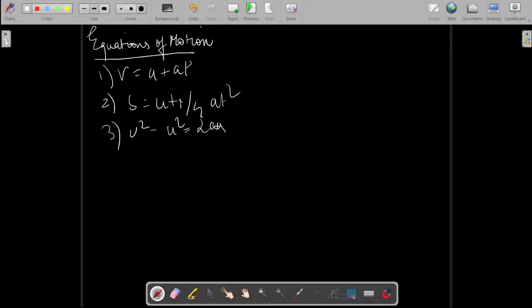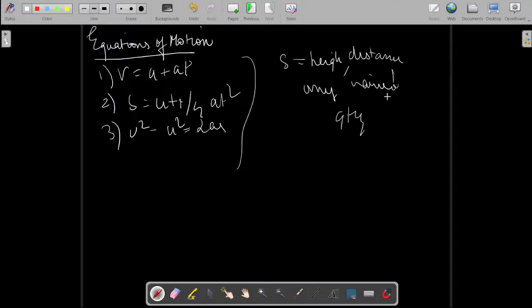Here S is equal to height, distance or any varied quantity.